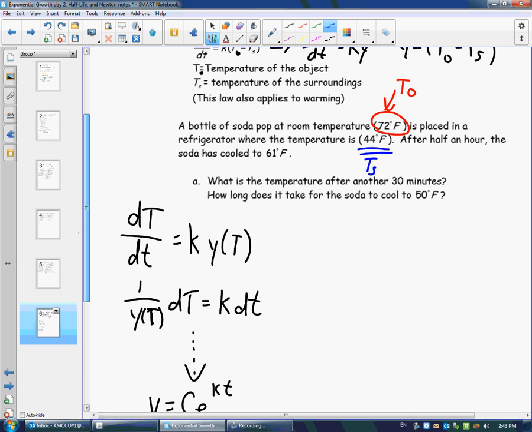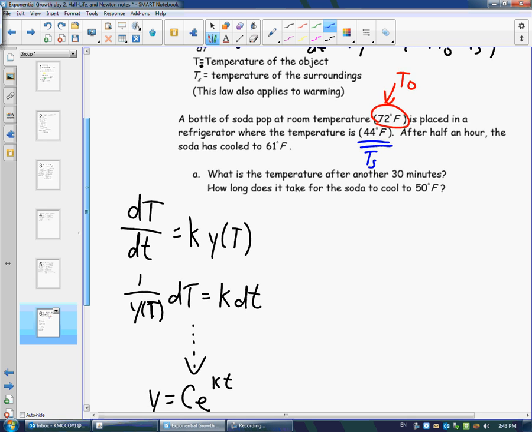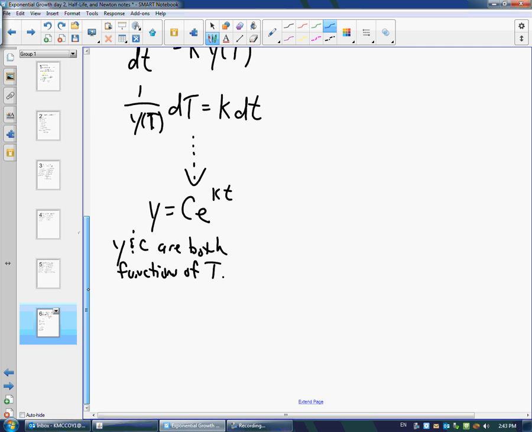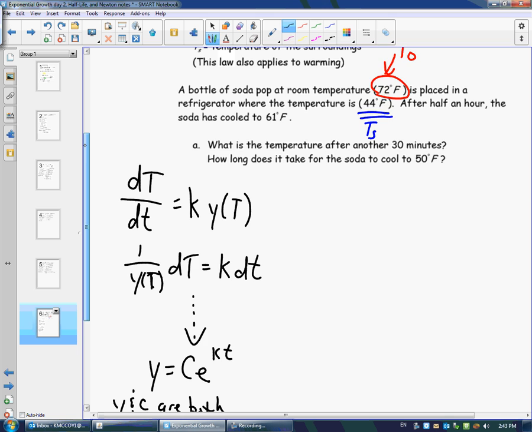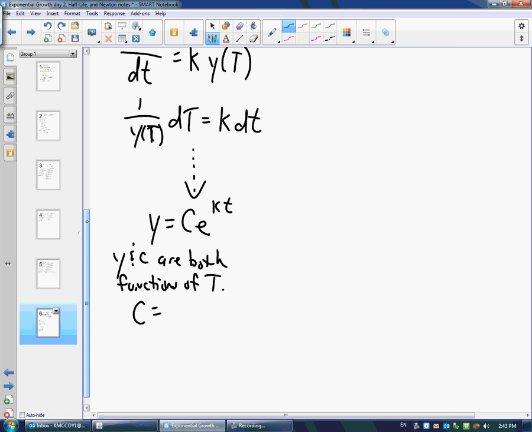That's your C. So C is going to be 72 minus 44, using Newton's law of cooling for the initial temperature. 72 minus 44 is 28.